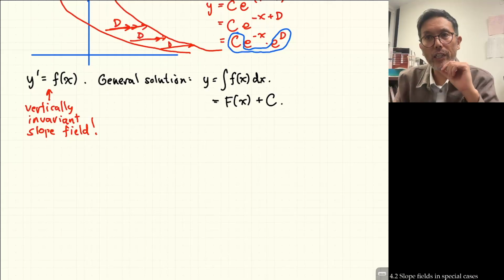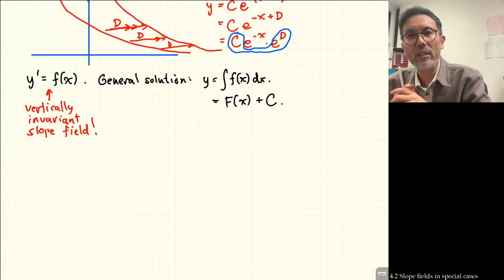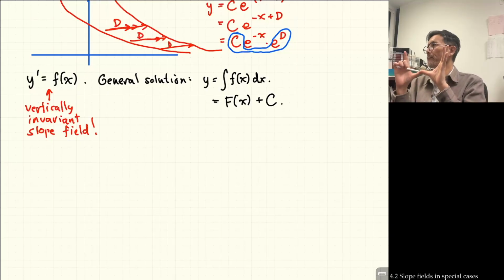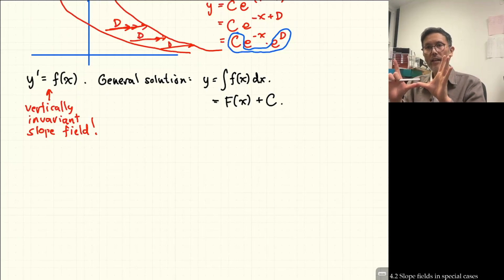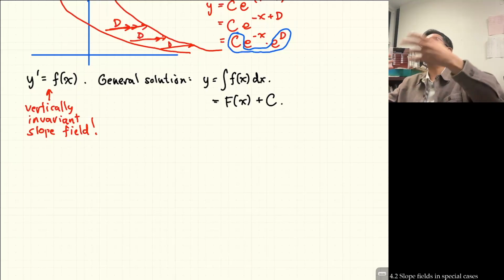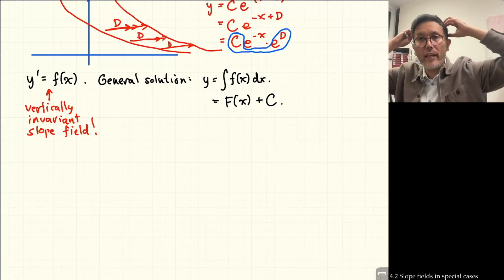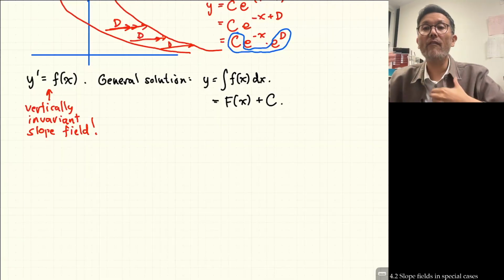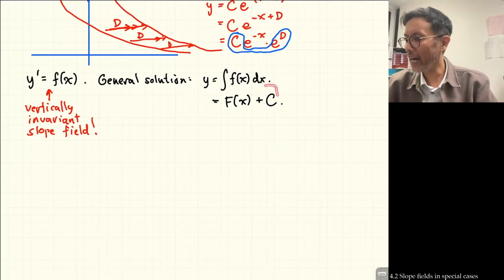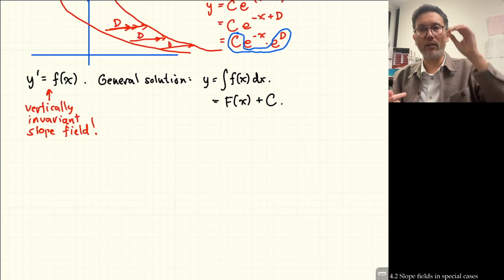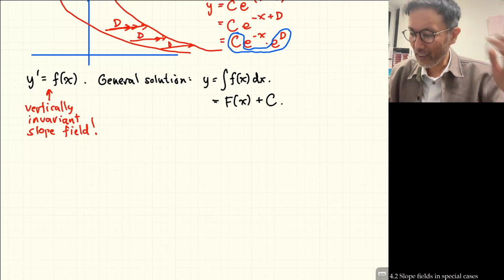That vertical translation is precisely what this plus c here is doing, because you know that you can take any function and translate its graph vertically just by adding a constant. So I'm not saying anything that you don't know.